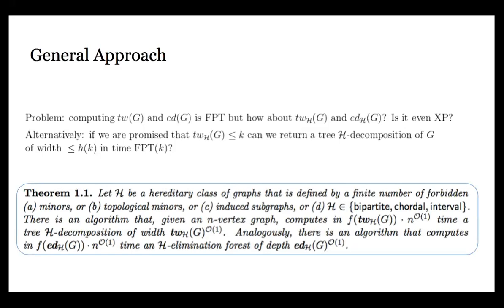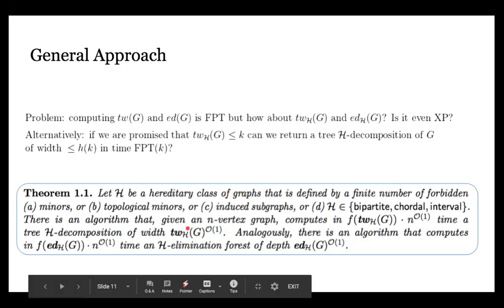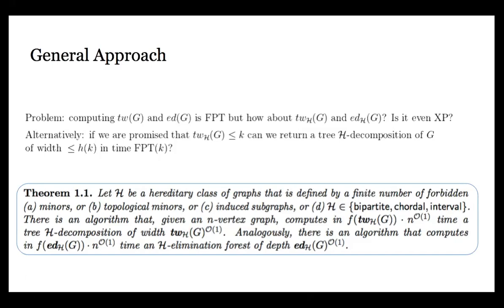So in FPT time, we can find a tree decomposition of width at most polynomial with respect to the optimal width. So this function h can be made polynomial. And the same holds for the elimination distance to these classes.